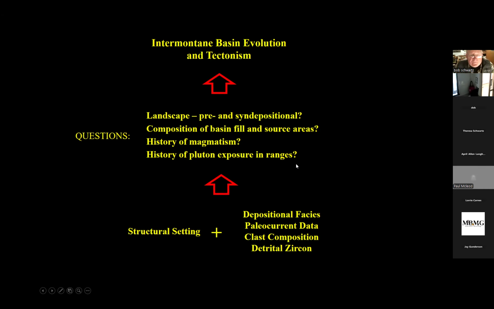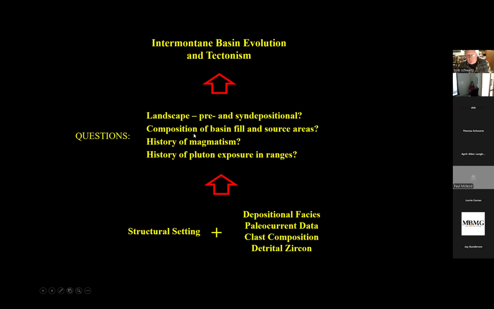Okay, so the topic really has to do with basin evolution and tectonism during the time period of the Paleocene through the Eocene, the Oligocene into the early Miocene. How do you get there? Well, the questions that we posed, or the topics that have to be addressed, are primarily what was the landscape, both during Renova time and before Renova time, so pre- and syn-depositionally.